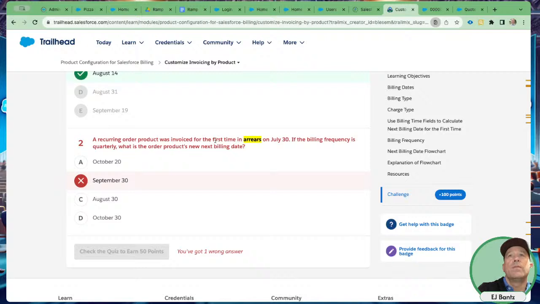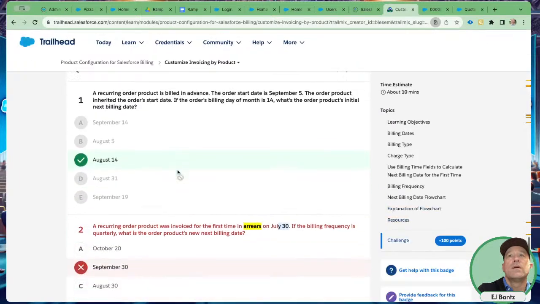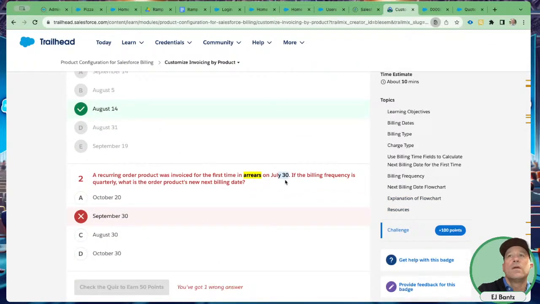So maybe it's because they, I don't know what the 20th has to do with anything. So I would think that this means they're paid for July.